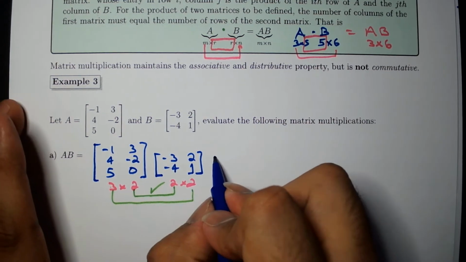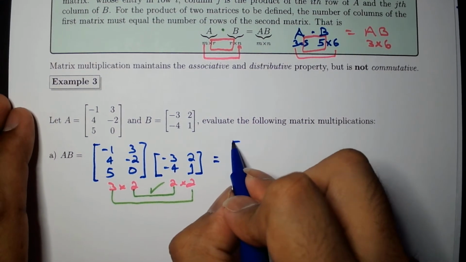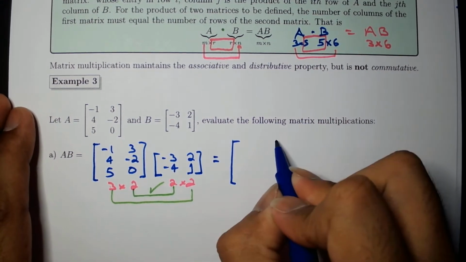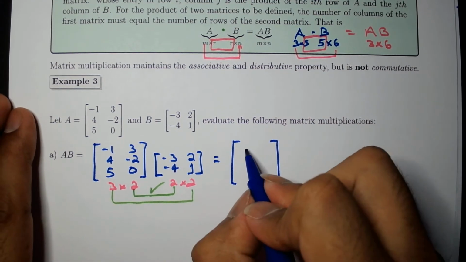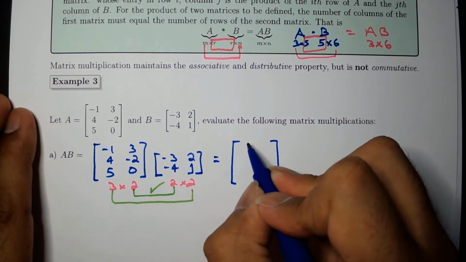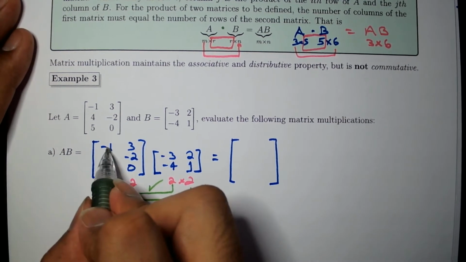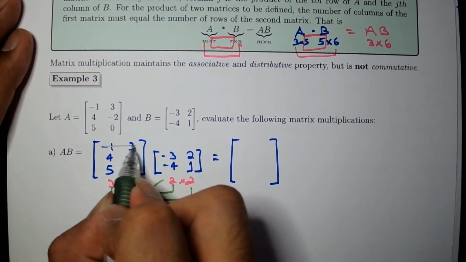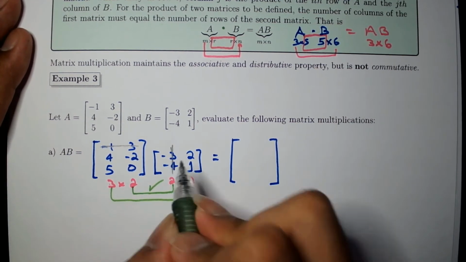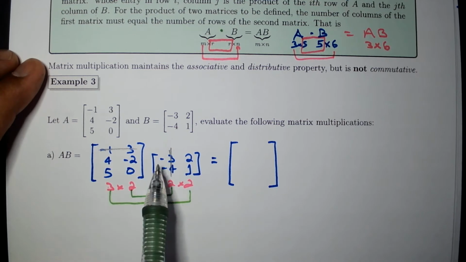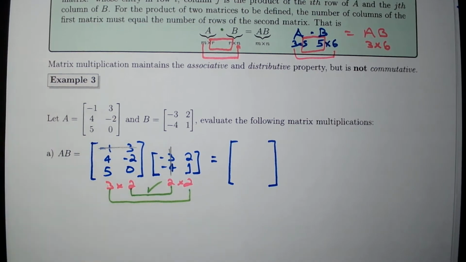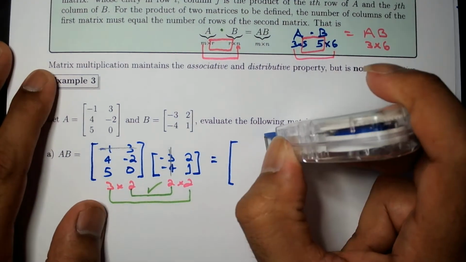So let me prepare a blank 3 by 2 matrix. Okay, so we need to obtain the 1, 1 element. We get the 1, 1 element by multiplying the first row times the first column. In other words, -1 times -3. By the way, let me give some space here.